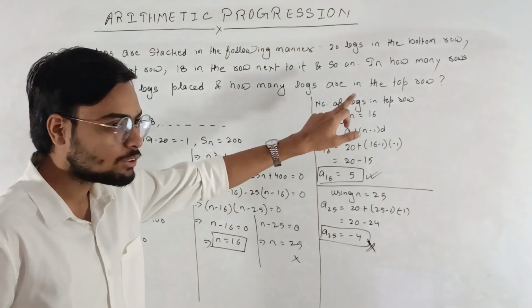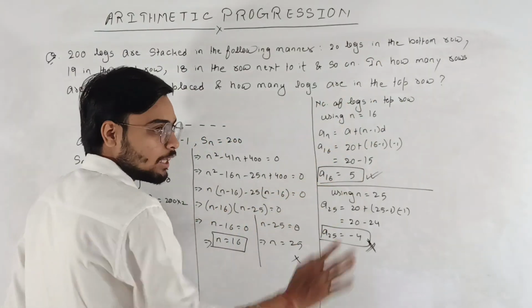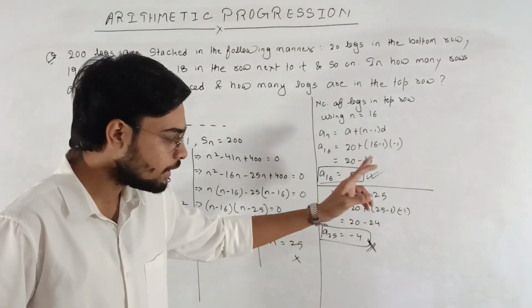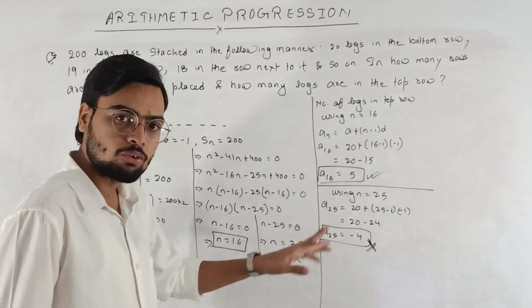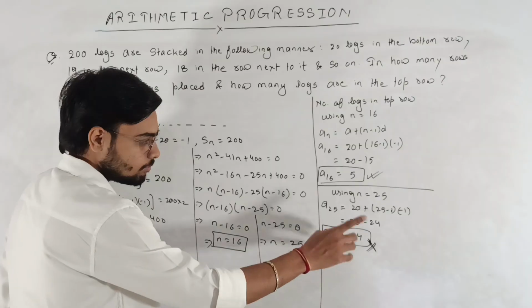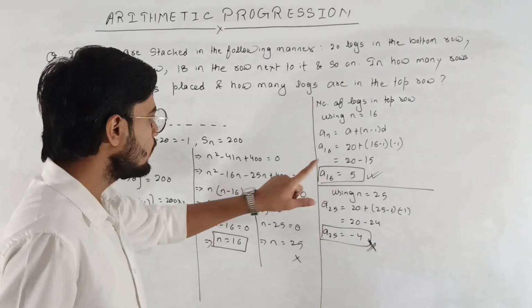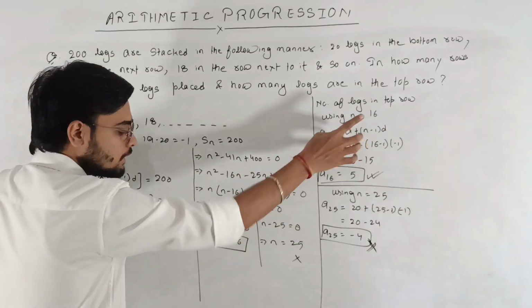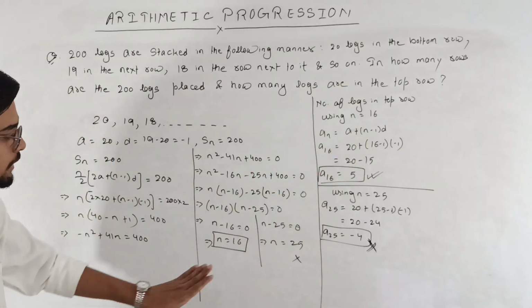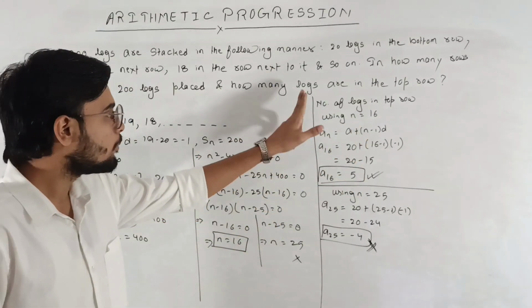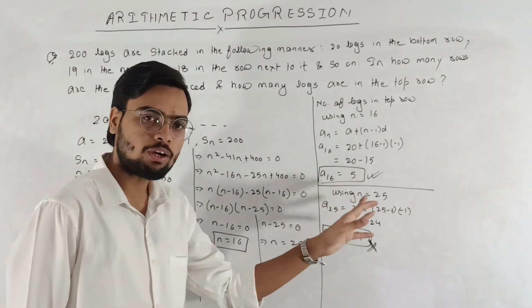First I use n is equal to 16, then I get a_16 is 5. Then I again use n equals 25, then I get a_25 is minus 4. Now this is a negative number, that's why we neglect it. So I only use a_16, it is 5, and this 5 comes when n is 16. So our total number of rows is 16 and the number of logs in the top row is 5.